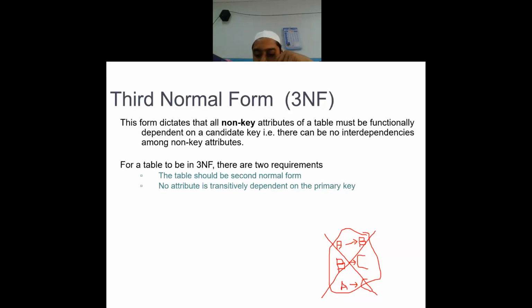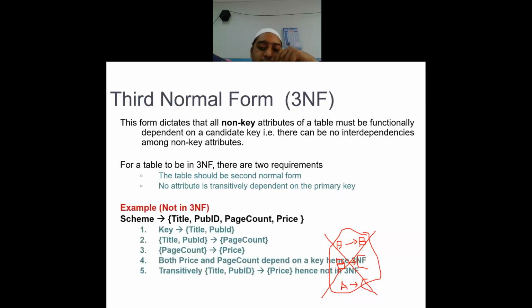Is it fine? For example, I have kept here one schema. In this schema, the title, publication ID, page count, and price are the attributes. The key that is given for us is title and publication ID.